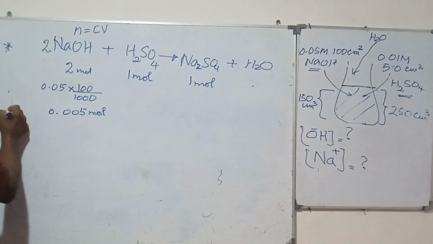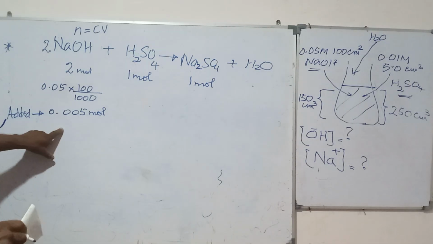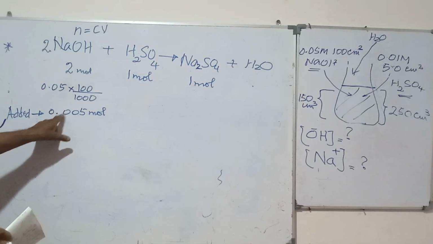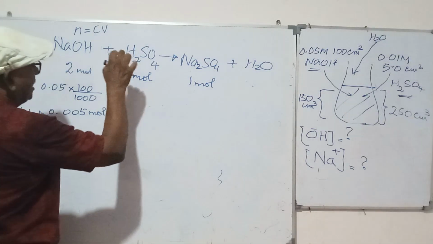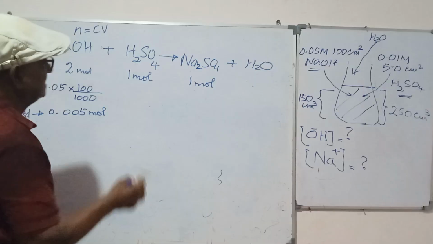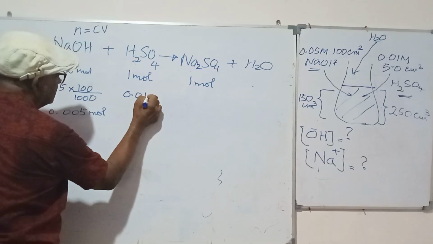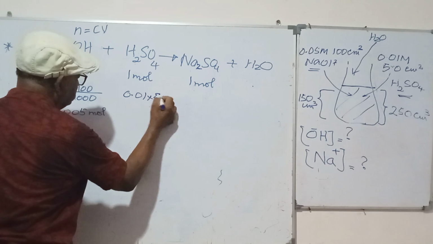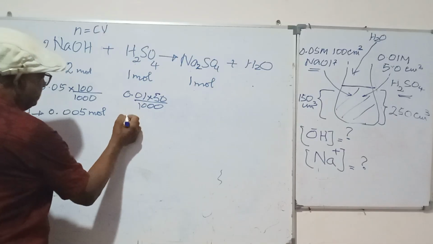Now we are going to calculate the added amounts of NaOH and sulfuric. This line, 0.005 mole of NaOH was added. Similarly, how many moles of sulfuric was added? N equals CV, 0.01 concentration into 50 as the volume, divided by 1000.